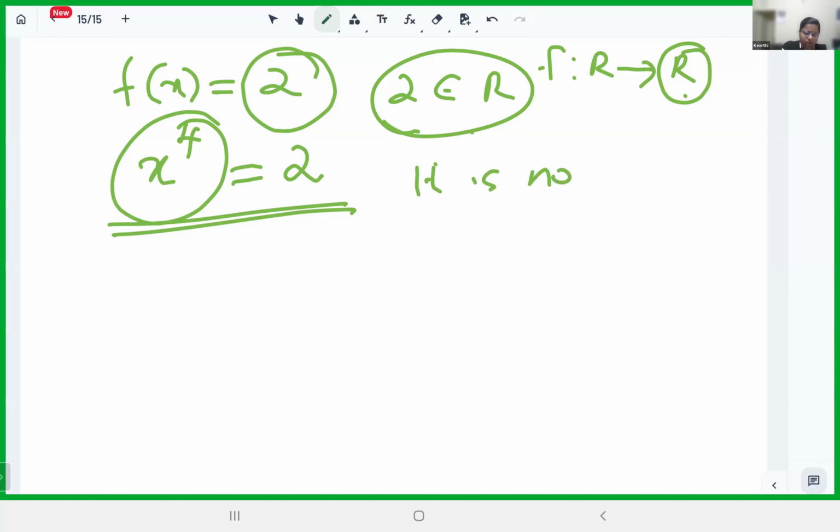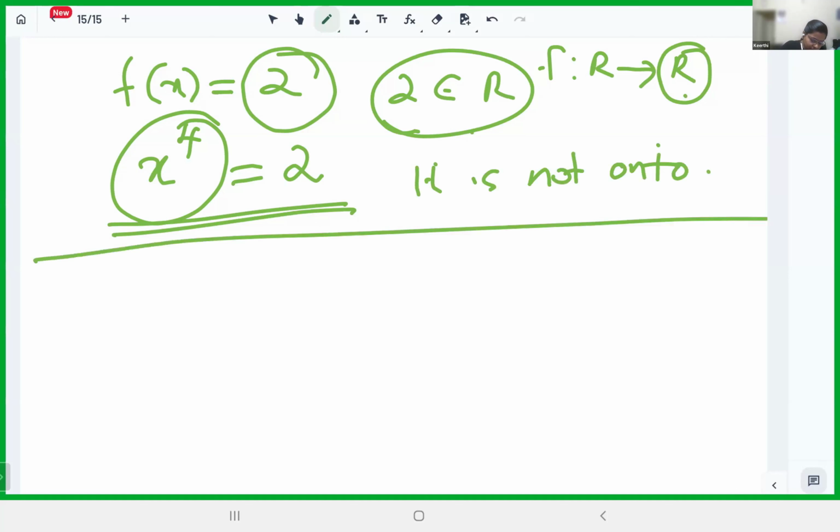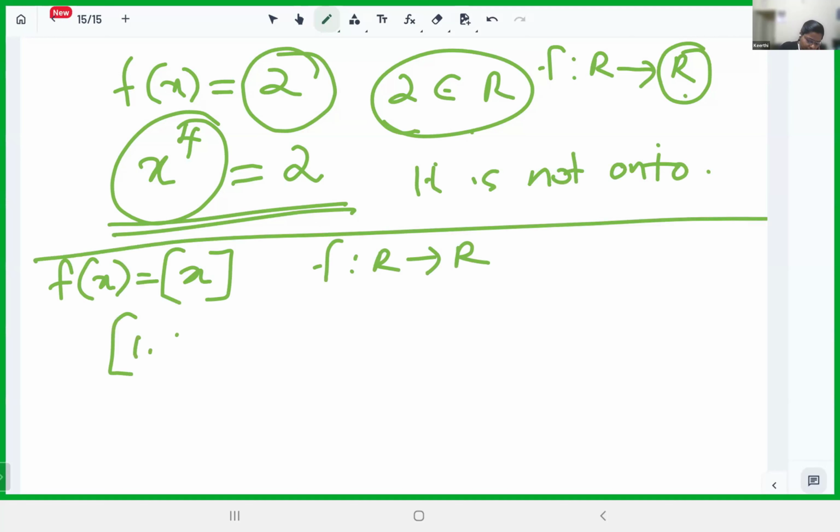Now, there is another function, a similar type of question they may ask. f of x is equal to the greatest integer function of x. That is also defined from R to R. What is the greatest integer function? If you are given 1.2, they will round it down to the nearest greatest integer.